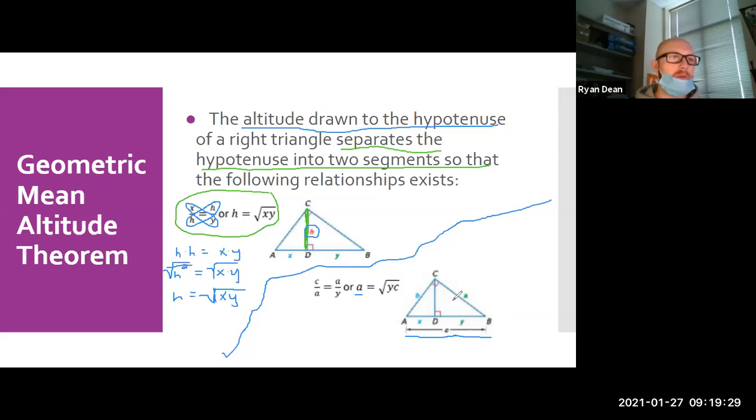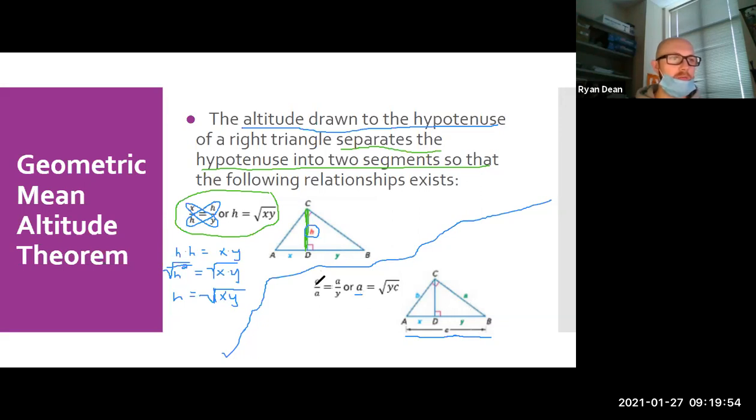Okay. Now, when this altitude breaks the hypotenuse into the two different pieces, we can set up different fractions. So here we're just trying to find this length CB. And to do that, we have to use the large triangle and then the small triangle.